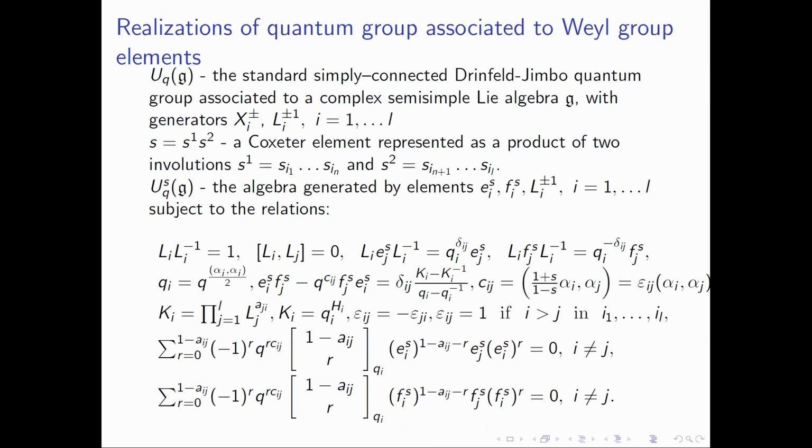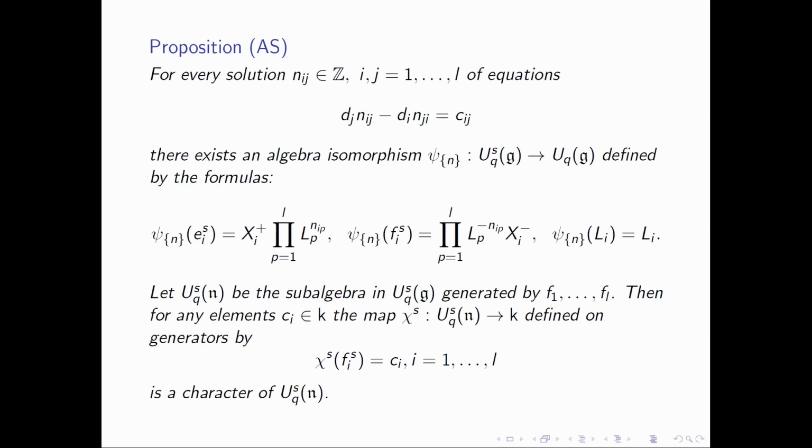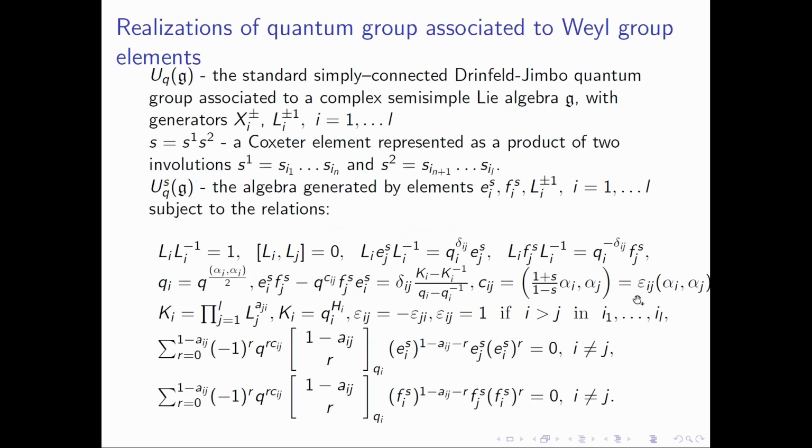For experts who are familiar with this quantum group theory, here is a statement of how that representation of the quantum group is related to the standard Drinfeld-Jimbo presentation. For that purpose, you have to choose an integer valued solution to this system of equations. These c_ij's are of very simple form.